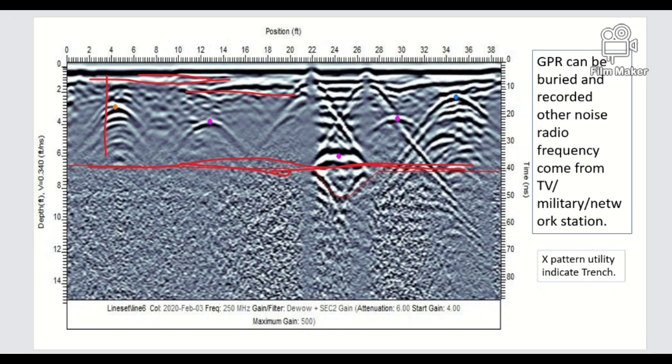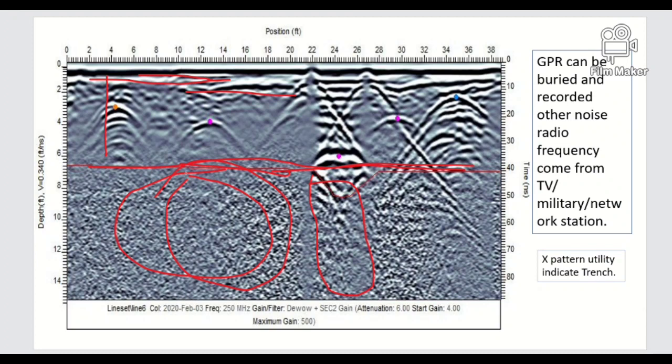But after that depth, the noise frequency is more than the GPR receiver wave energy frequency, so it cannot give a better image, and it will disturb the interpreted data. So this is the drawback of the GPR method.